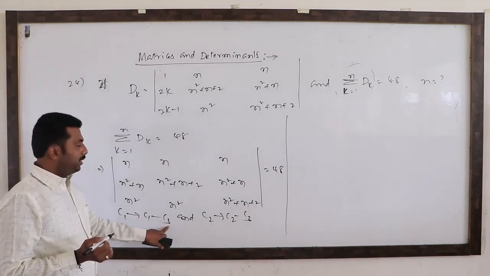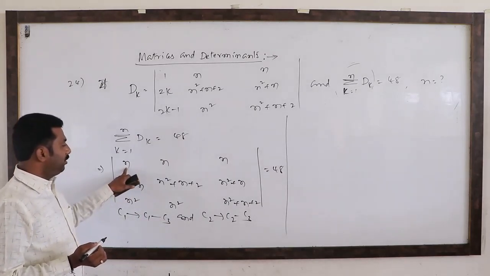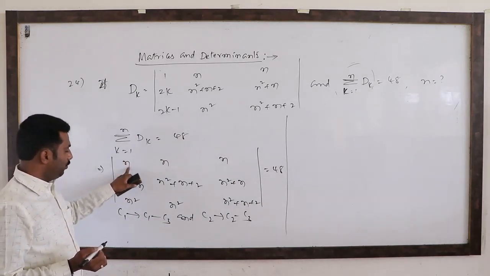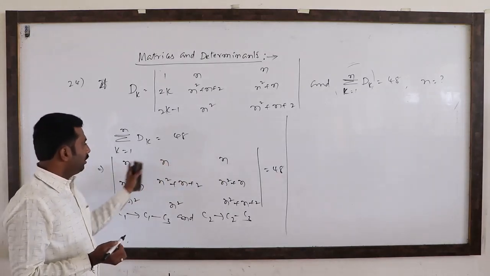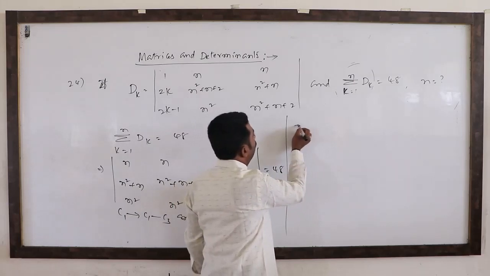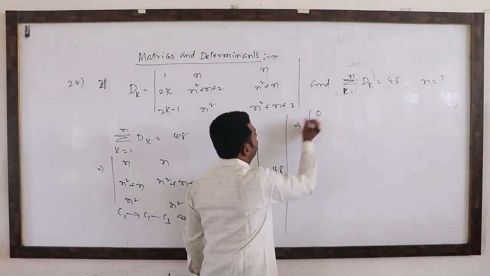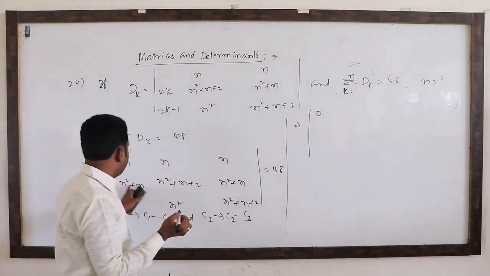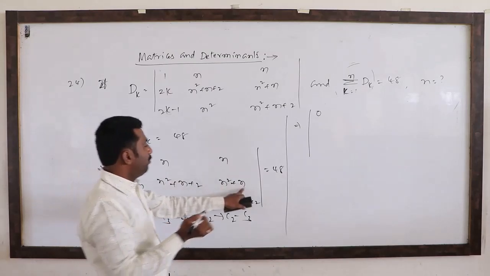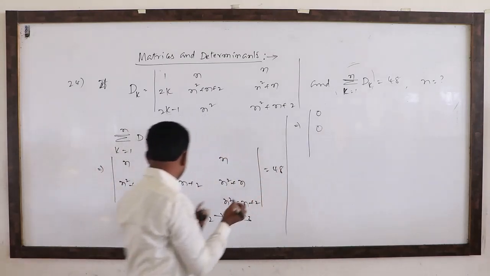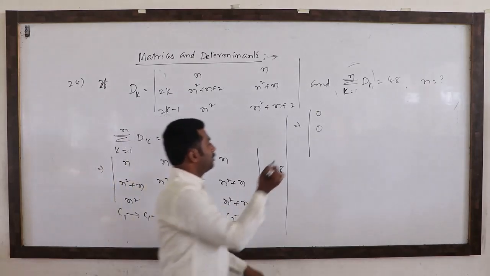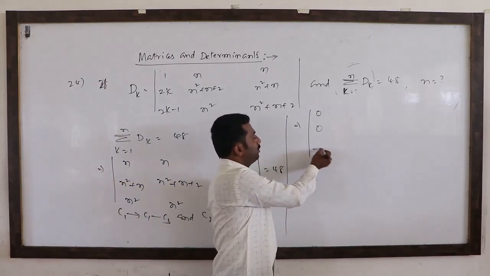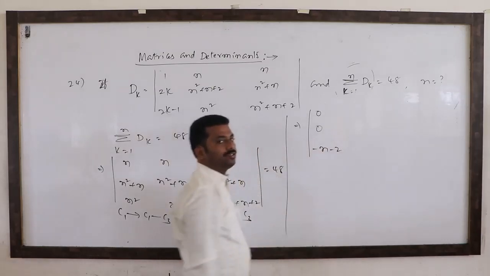C1 minus C3. So C1 minus C3, what do we have to write? C1 minus C3. Sorry, C3. n minus n, so this in the determinant is 0. n square plus n, n square plus n, this is also 0. n square minus n square plus n plus 2 means this is minus n minus 2.